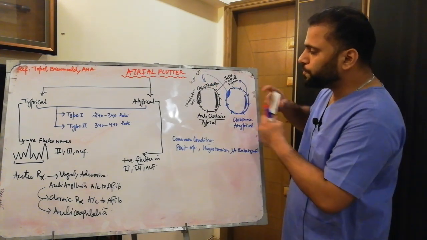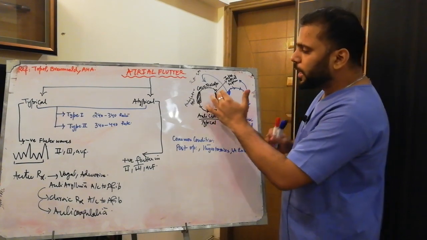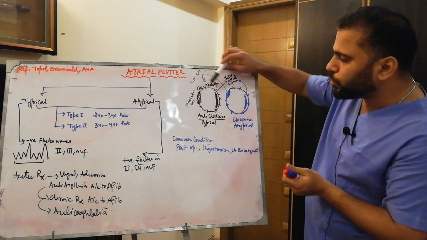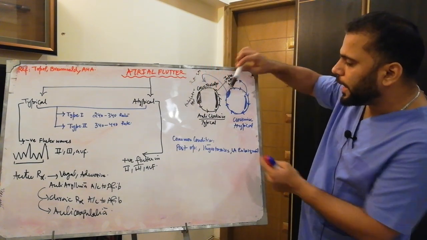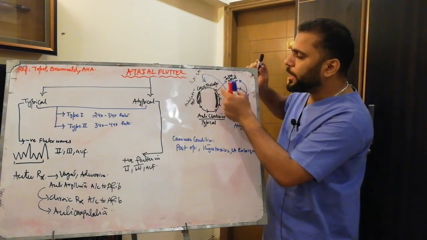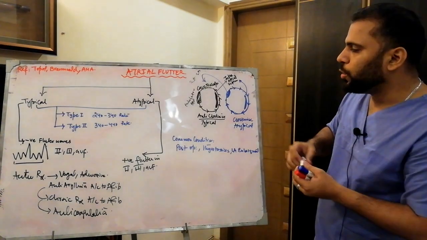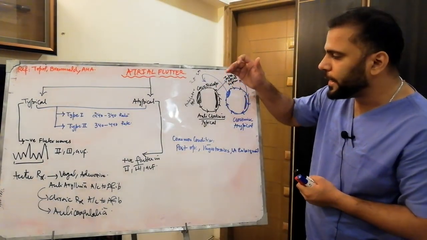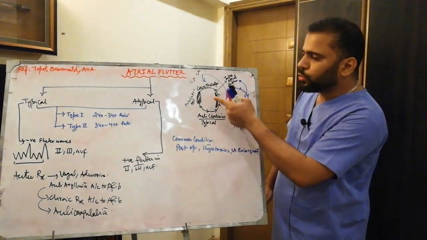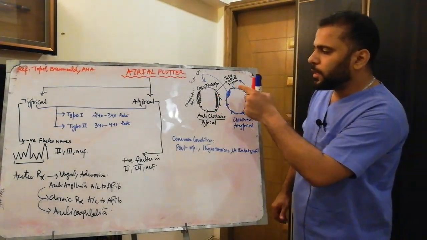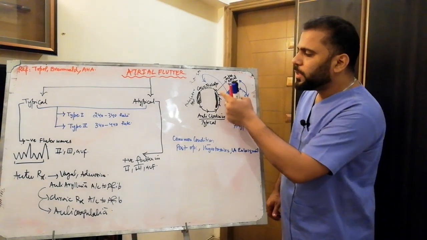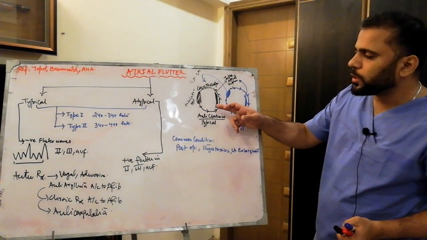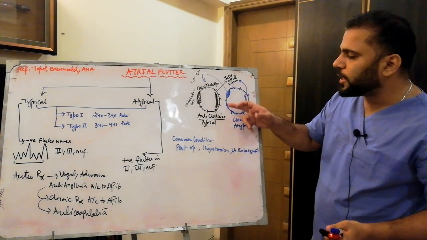So this circuit occurs at the cavotricuspid junction. It goes down through the cavotricuspid junction and comes up through the intra-atrial septum. In this circuit, the antegrade limb goes down through the anterolateral wall of the atrium via the cavotricuspid junction, and goes upward through the intra-atrial septum.